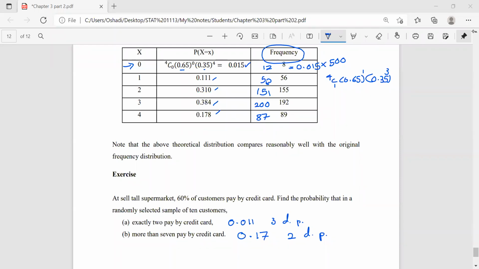So out of those 10, what is the probability that exactly 2 customers pay by credit card? So probability of X equals 2. Here, more than 7 pay by credit card means probability X greater than 7.